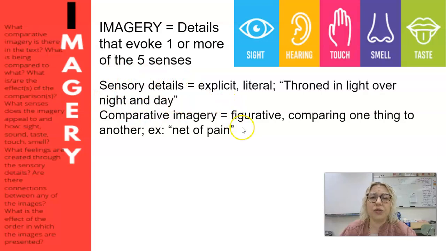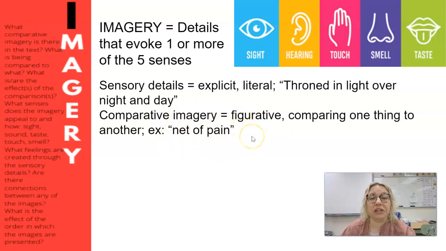The other kind of imagery that we've been talking about is comparative imagery. And this is any time you have a clear detail that is used to compare one thing to another. So there's a figurative element rather than a literal element. An example from our last assessment was "net of pain."